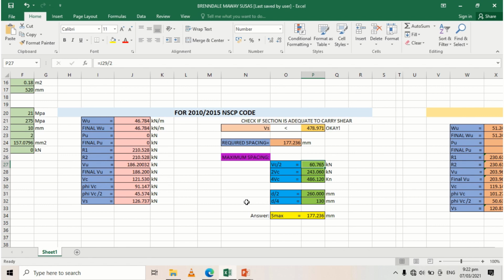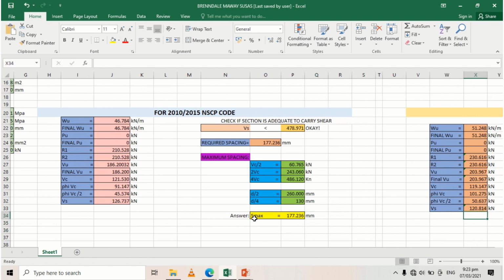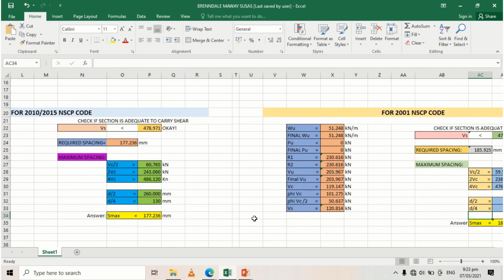That would mean yung maximum spacing natin is either D over 2, 600, or yung required spacing natin. The least value will be our maximum spacing. Kaya 177.236 mm yung answer dyan.